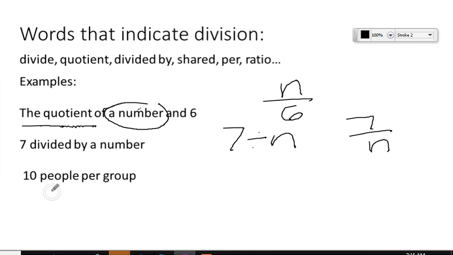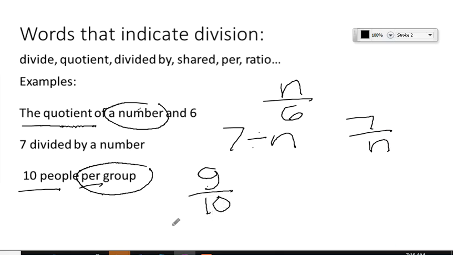And then this next one, 10 people per group. In this one, we don't know how many people are in the group, so that's our variable. It's the number of people in the group. To make sure there's 10 people per group, we'd take the number of people in the group and divide that by 10.